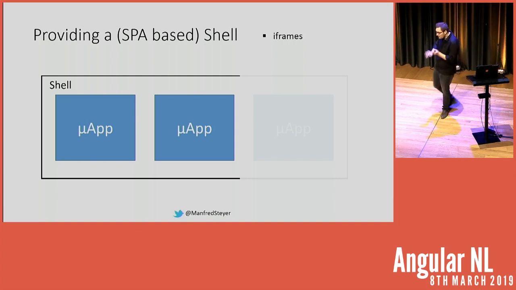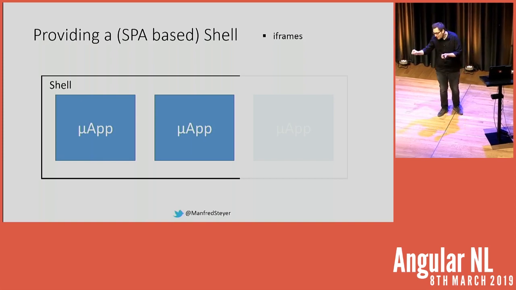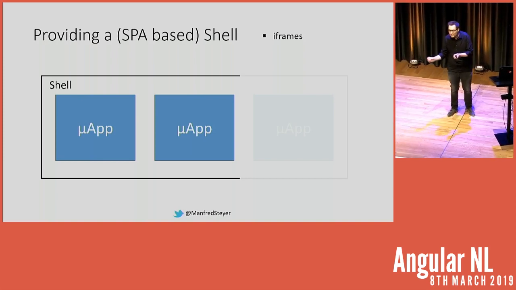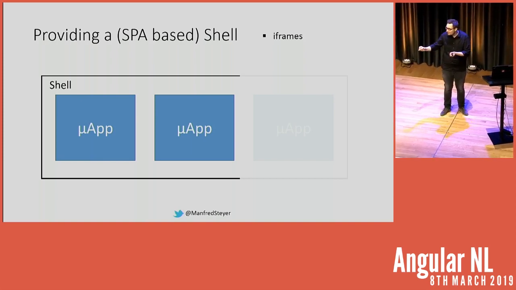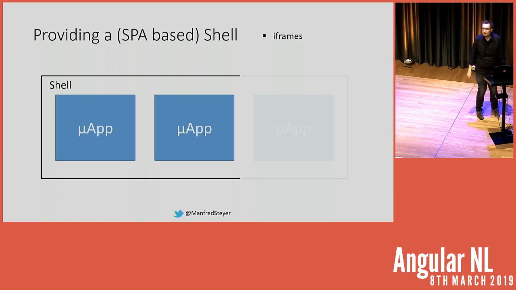Isolation means that the application in the first iframe cannot harm applications in other iframes. A bug here does not influence the functionality there. A destroyed layout here does not influence the layout there, and they cannot hack each other. So iframes seems to be the way to go if you have to integrate third-party vendor applications.